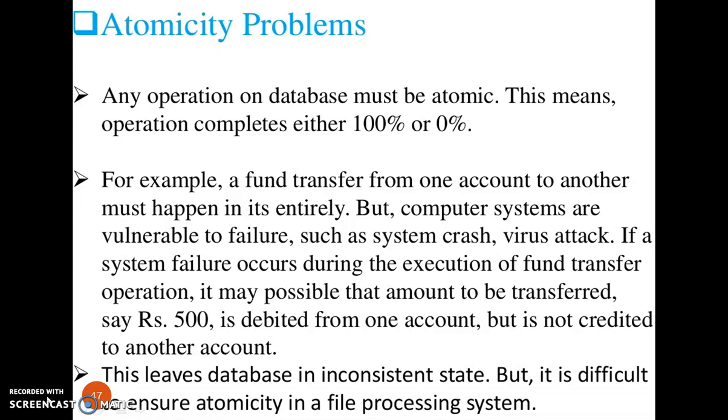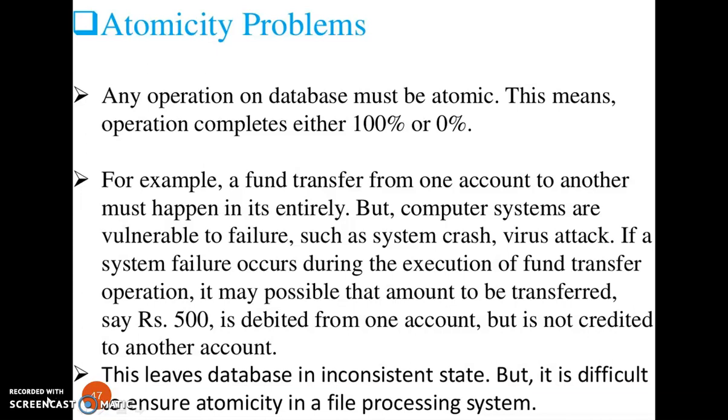But computer systems are vulnerable to failure, such as system crash or virus attack. If a system failure occurs during the execution of a fund transfer operation, it may be possible that the amount to be transferred, say 500, is debited from one account but is not credited to the other account.